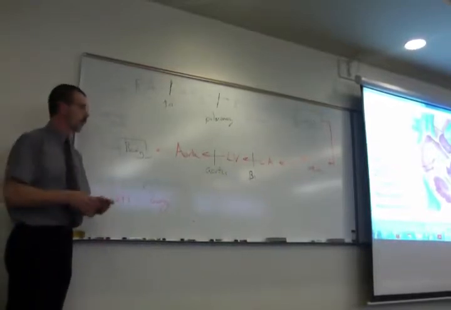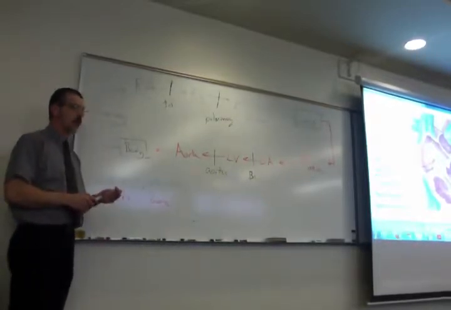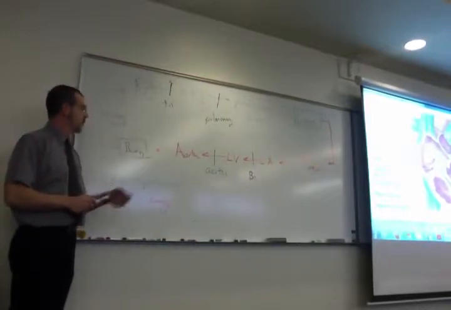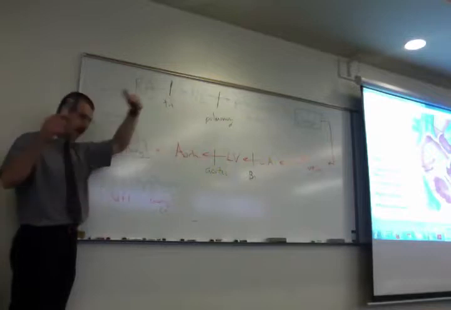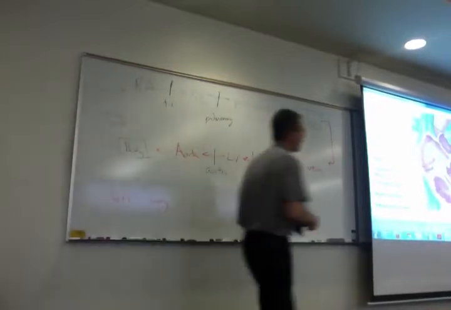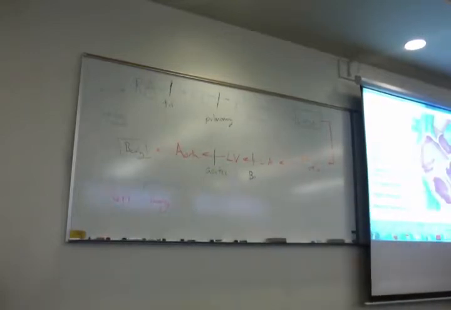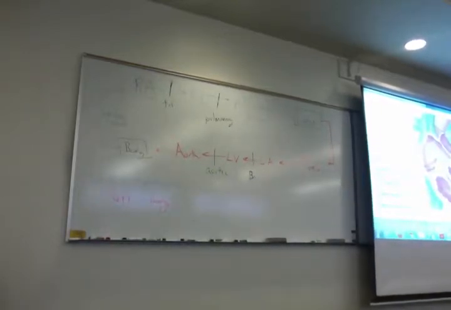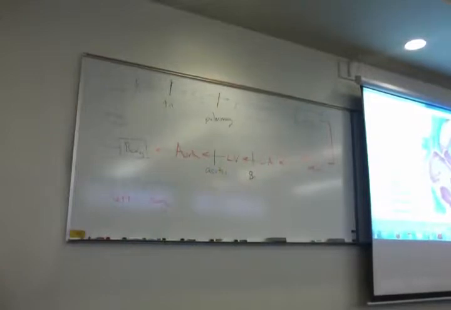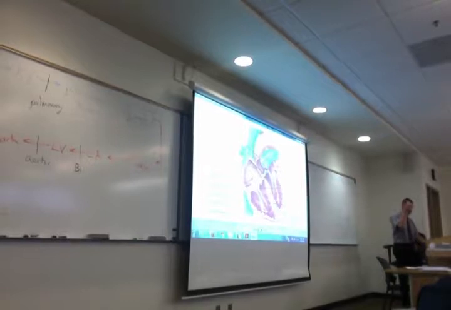You can just say pulmonary, aortic, but the full name is the pulmonary semilunar valve, or the aortic semilunar valve. It's just a category. This picture just does aortic and pulmonary, but your lab book will say semilunar after those words, which is fine. It's just a type of valve.